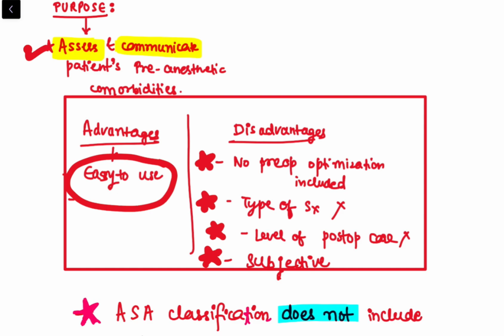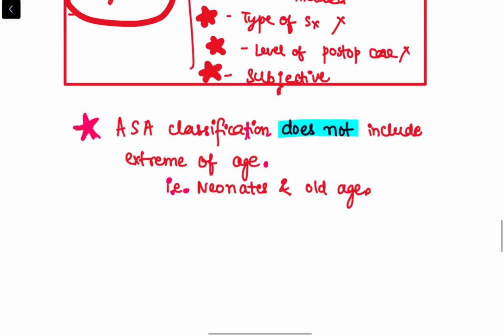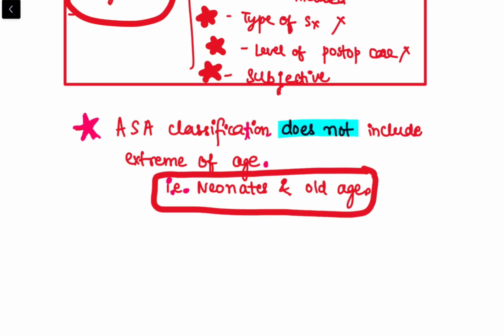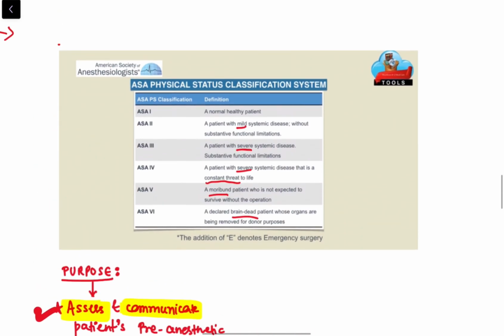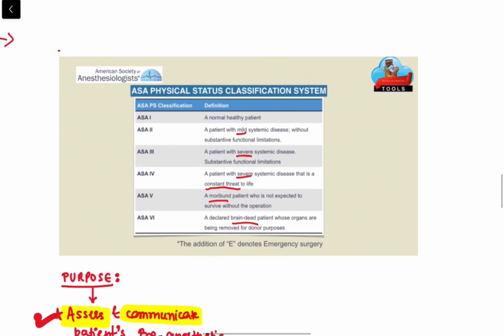Suppose I consider a patient as ASA 2, some other person may say that the person is ASA 3. Because this is a subjective evaluation, it is not objective, and it does not include neonates and very old age patients.